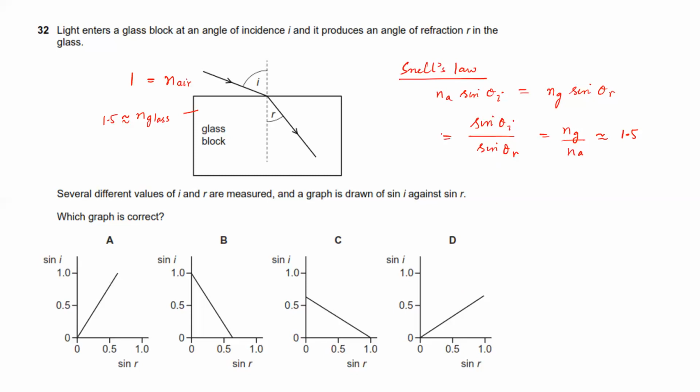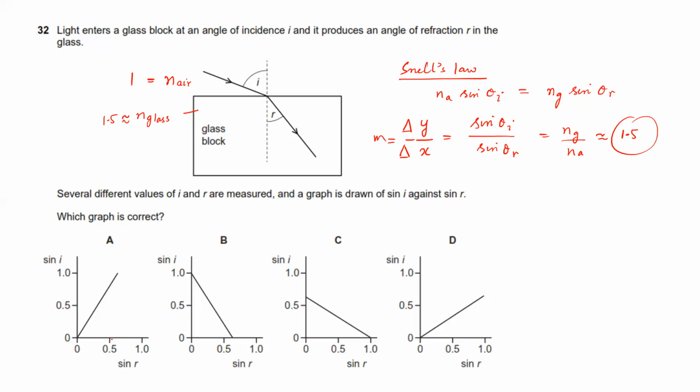On the graph we have sine I on the y-axis and sine R on the x-axis, so the slope, delta y by delta x, must be equal to 1.5. Let's see which graph has a slope of 1.5.